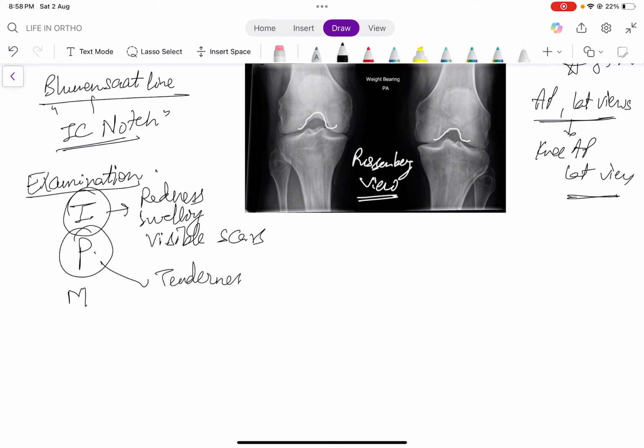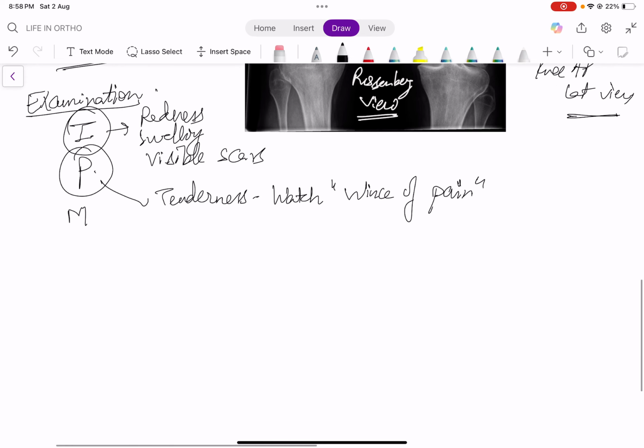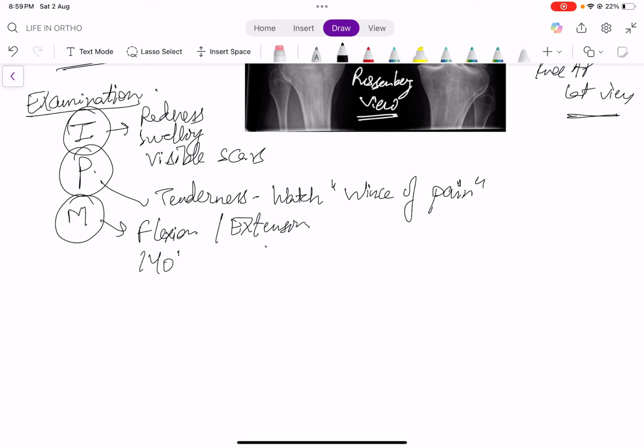Tenderness, let me tell you dear, is something you watch for, the wince of pain. That is tenderness, and it is not something you elicit. Then there are movements: flexion, extension, 140 degrees, 0 degrees. This is the basic examination.